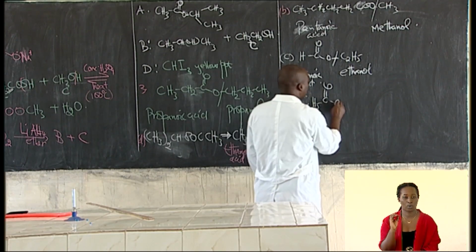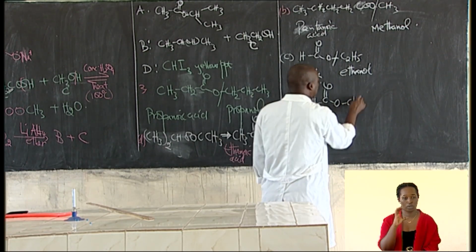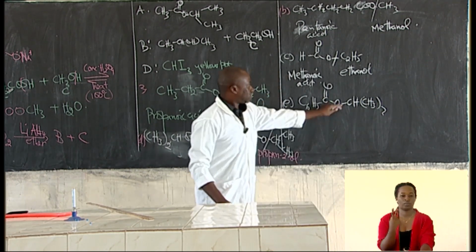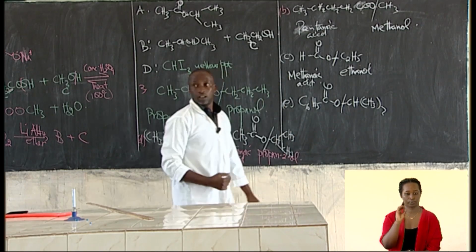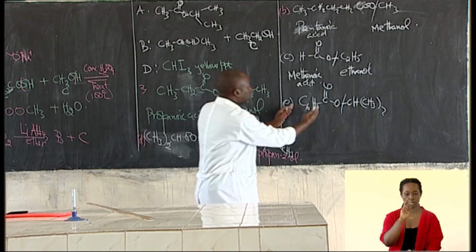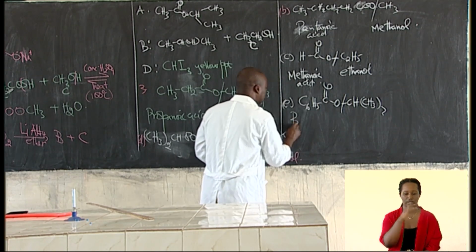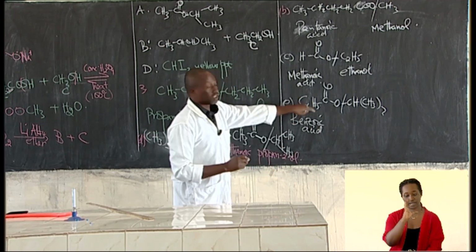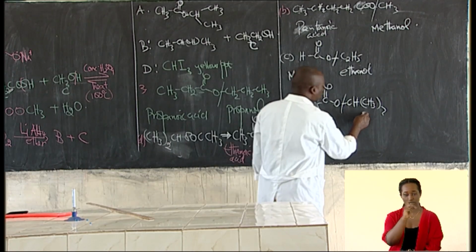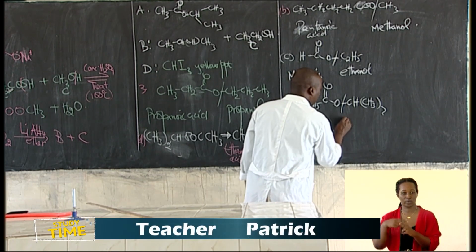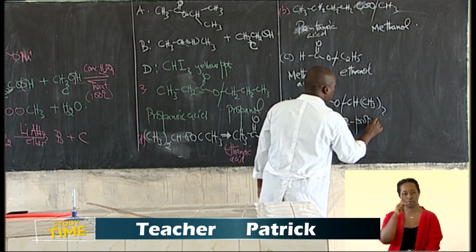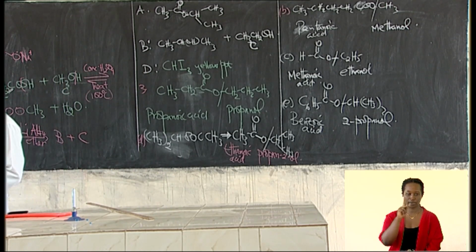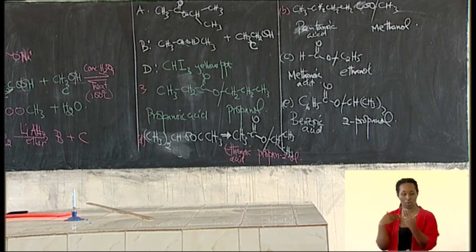This one will be then with oxygen, CH with the CH3, 2. So this is the alcohol, and this is the carboxylic acid. So this part here, this is benzoic acid. This is a benzoic acid because this is a benzene ring. And then this one is propan-2-ol.